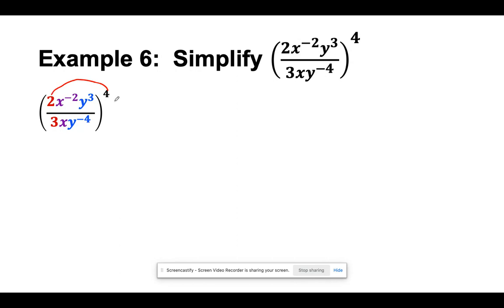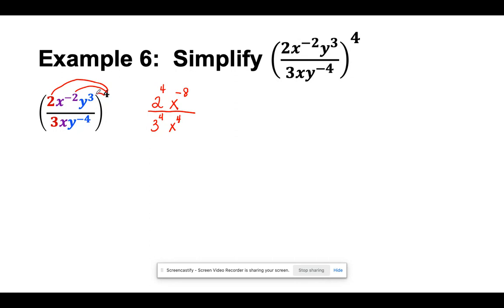So to the 2 and the 3, so I have 2 to the 4th power and 3 to the 4th power on the bottom, to both x's. And the rule would say I multiply those exponents. So x to the negative 8, because negative 2 times 4, and x to the 4th power. Remember, there's a 1 here, even though we don't normally write it.